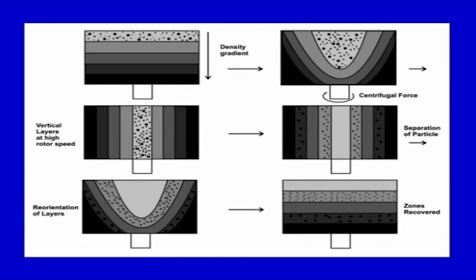Now, as the rotor is started and brought very slowly to 1000 revolutions per minute, you can see the reorientation happening and the different zones becoming vertical, and at a very high speed, that is the operating speed, they become totally vertical, and then separation takes place. After separation, the process is reversed: it is slowed down to 1000 revolutions per minute and then slowly brought to rest, and you get different particles in different zones here. They can be recovered, like I said, from the top or from the bottom.